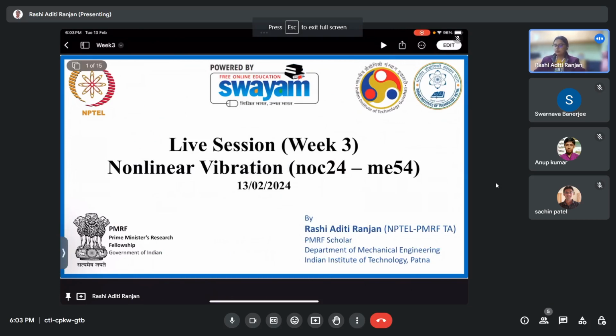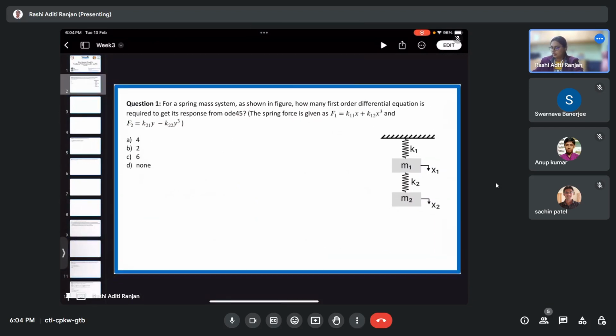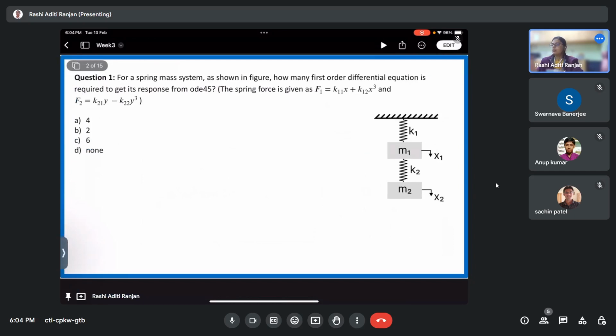I'll just start by taking up the first question. In the case of an approximate solution, we use various methods like the direct expansion method, the Lindstedt-Poincare method, or the harmonic balance method in order to find the solution in an analytical form, but it's an approximate solution and may be erroneous.